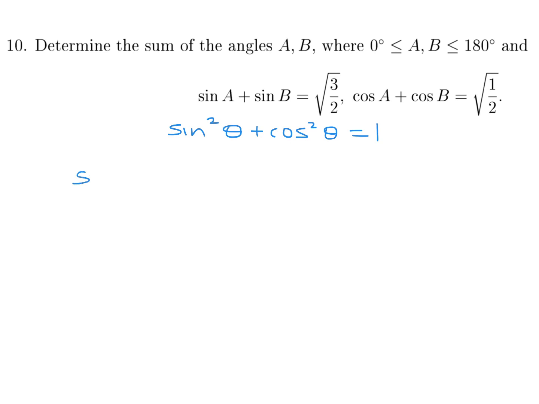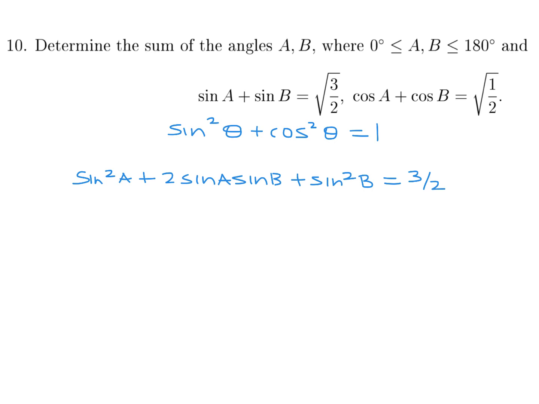If I square the first one, it'll be sine squared A plus 2 sine A sine B plus sine squared B, and that's going to be 3 over 2 when you square it. Well, this plus this is going to be possible, but you have to have the same angle though, so I can't do that just quite yet because I have A and B, and also I don't have a cos.